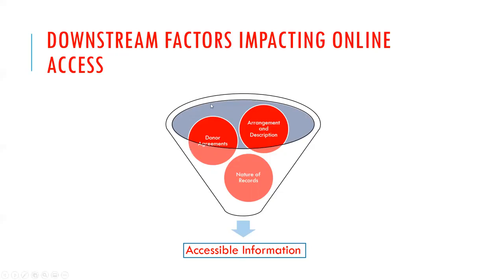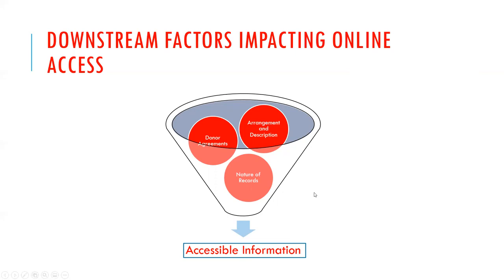Donor agreements can be less of an issue if an archivist talks to a donor and has a good relationship with them, a relationship that is trusting, then they may be more willing to provide access to records that maybe they were having second thoughts about.